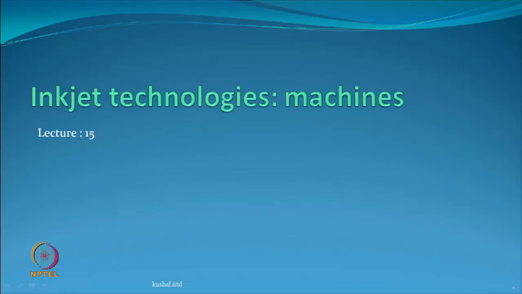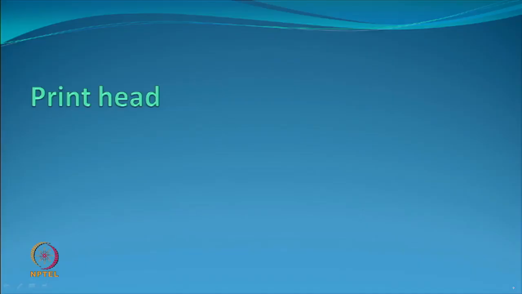So, today we will talk about machines, that means print heads and general assembly of machines, and see what kind of processes generally are available and what we are supposed to be doing. So, the most important part of the machine should be considered as a print head.